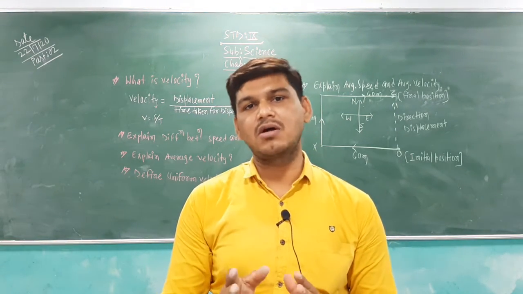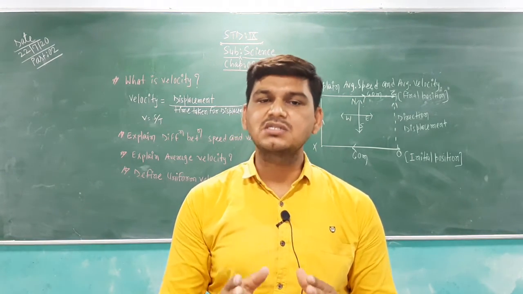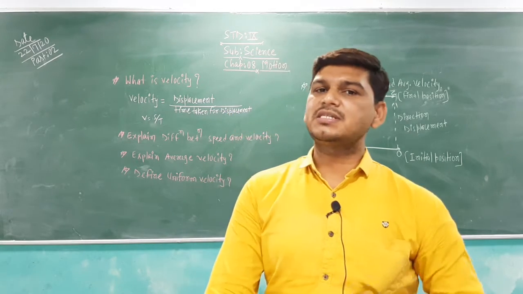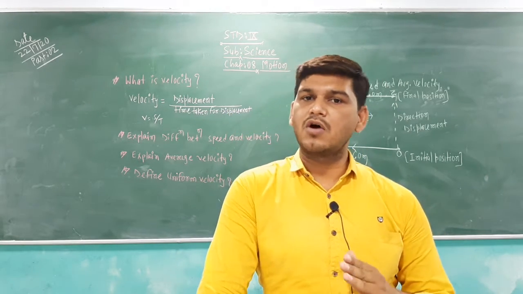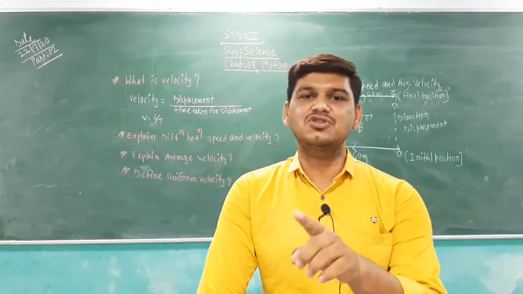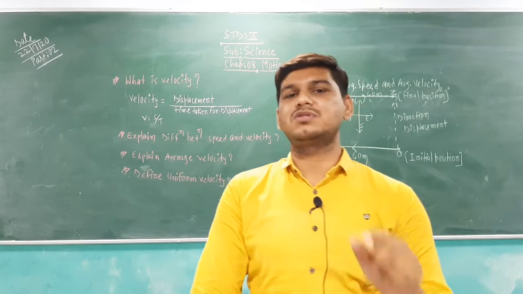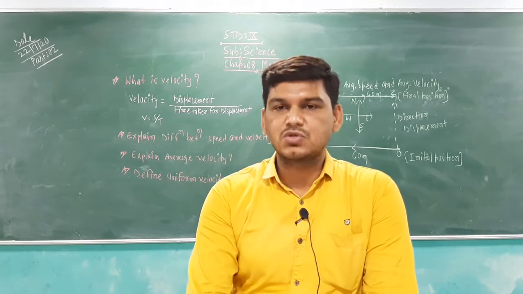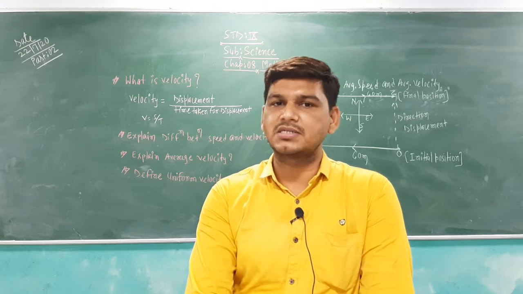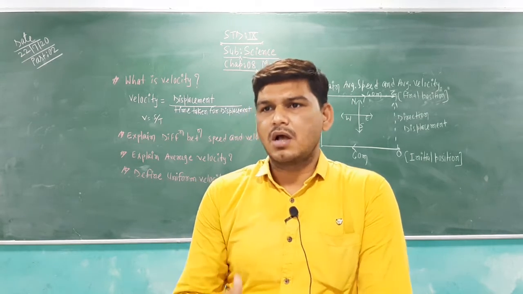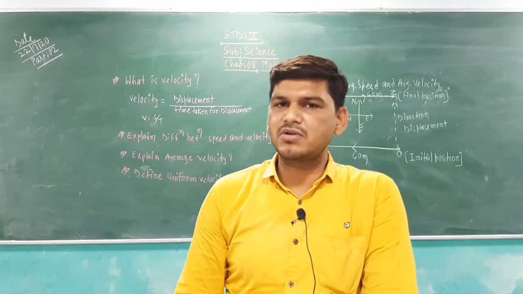Velocity is a vector quantity which gives us the magnitude as well as the direction. So velocity is how fast the object is moving in a particular direction.